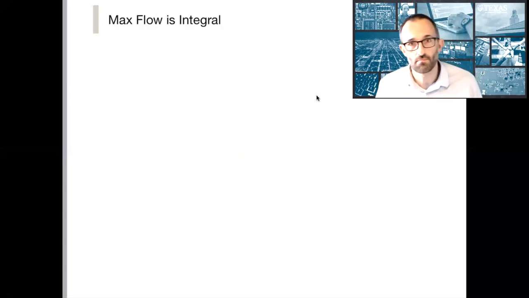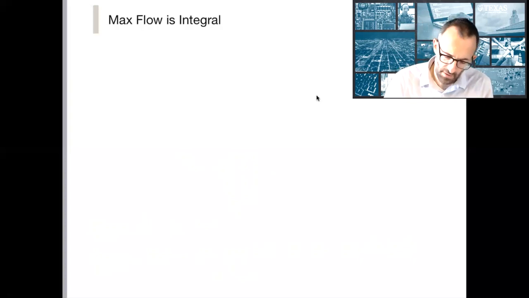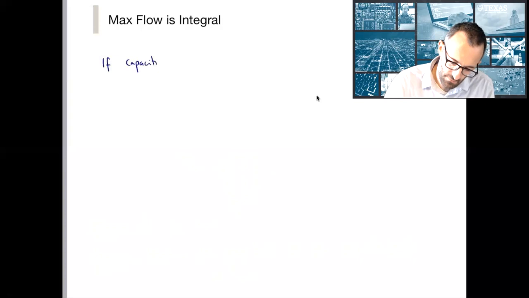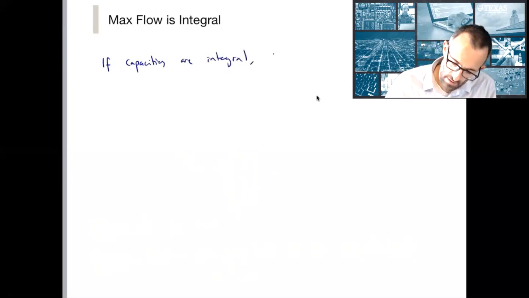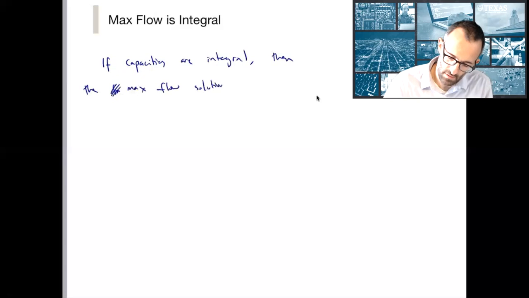So for example, the max flow problem itself is integral. That doesn't mean that max flow chooses a single path. Of course, that doesn't have to be the case. But specifically what this says is if the capacities are integral, then the max flow solution is integral.